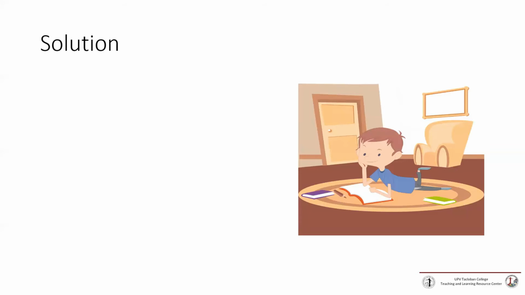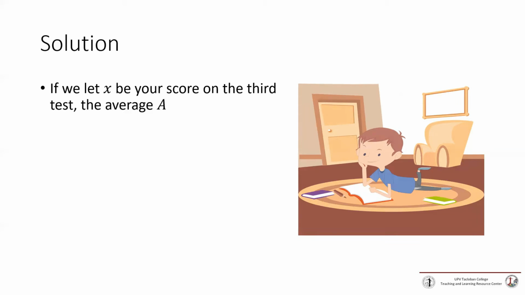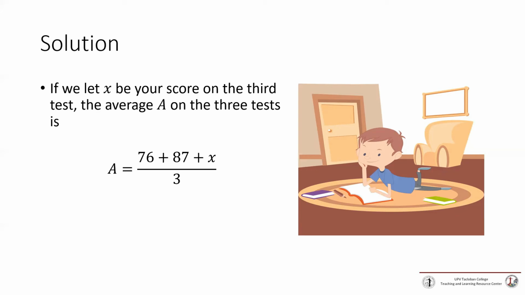Okay, so here is the solution. If we let X be your score on the third test, then the average A on the 3 tests is given by this formula: A is equal to 76 plus 87 plus X over 3. Because you have 3 scores on the 3 tests, 76, 87, and the other one is still unknown.